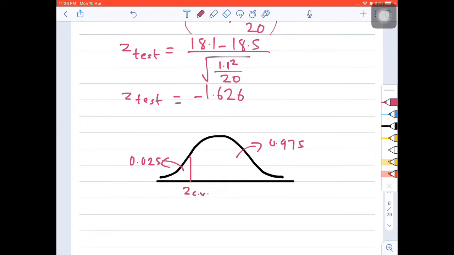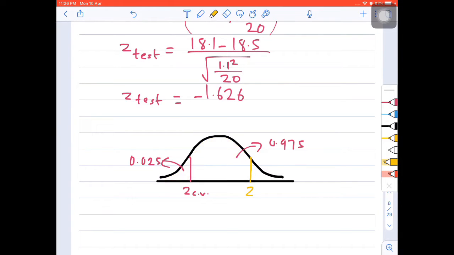Because the graph is symmetrical, if we take this value, let's say just z, and the area behind it is 0.975, then the value of z that we'll get will be the same as the z critical value, but it will just be positive. So we can find that and then just convert it to negative.